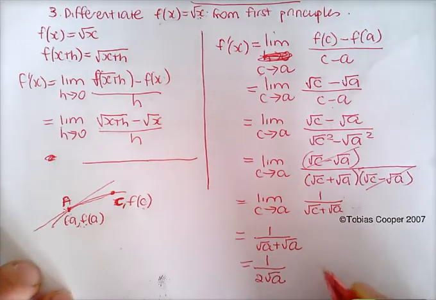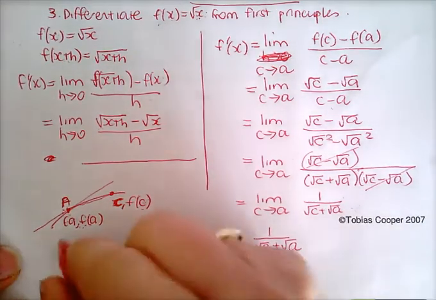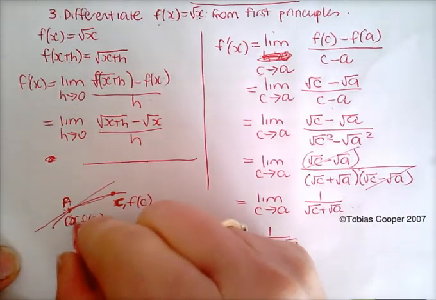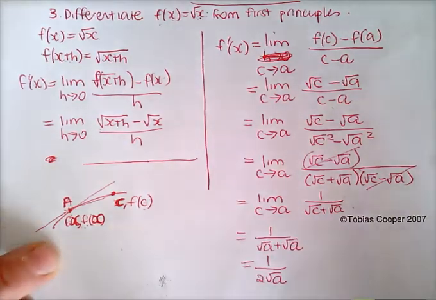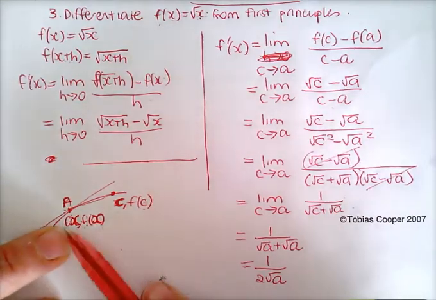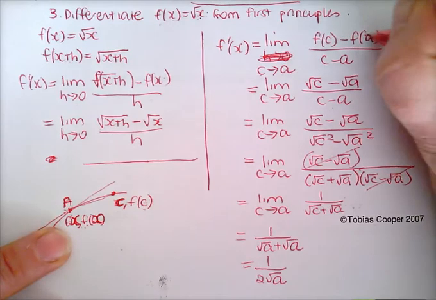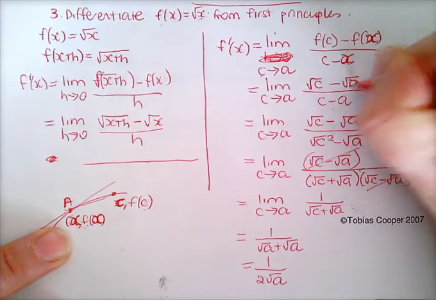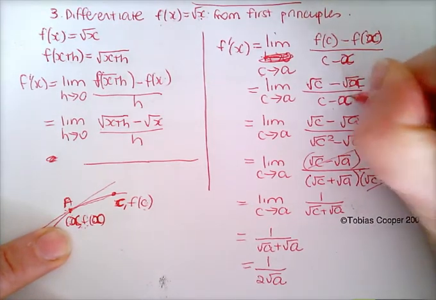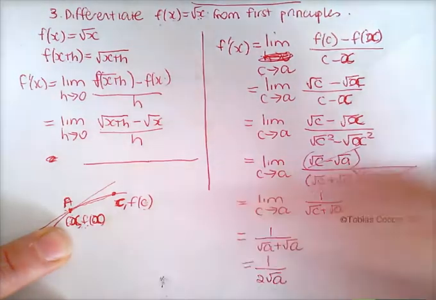Okay, now actually looking back at the question, sorry, I should have called this function of x. So what I want to do is replace all the a's and the function of a's with x and function of x. So all the a's, replace them with x's, okay? Or I can just do it at the very end, but I probably should have done it at the first bit, because we are differentiating at this point here.